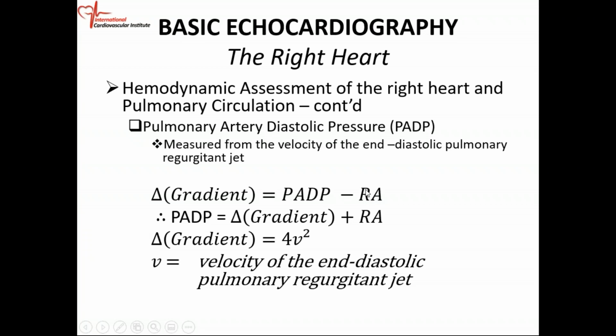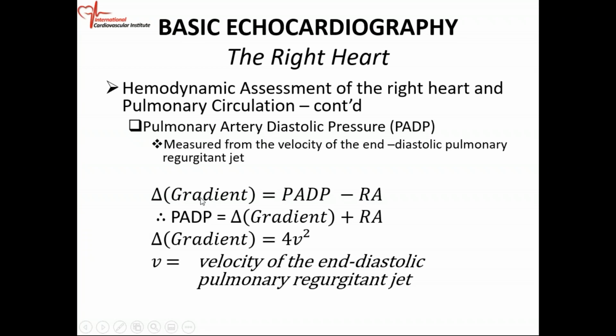So that's why we use the right atrial pressure as opposed to the diastolic pressure in the RV, but it's the same thing. So the gradient which causes blood to flow backwards from the pulmonary trunk across the pulmonary valve and into the right ventricle, that gradient is equal to 4V squared.